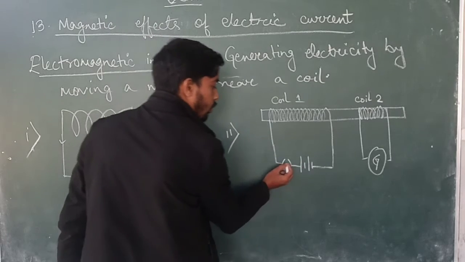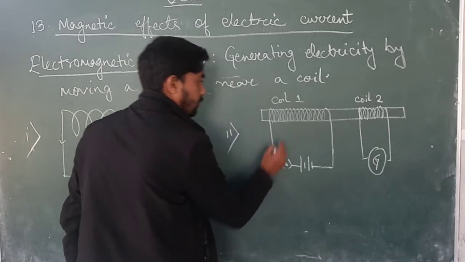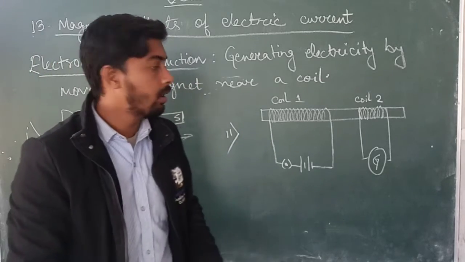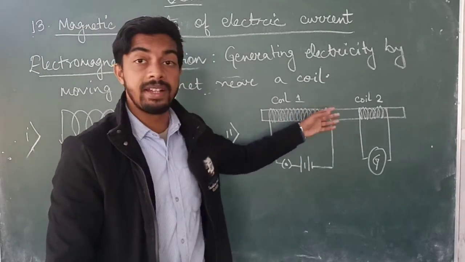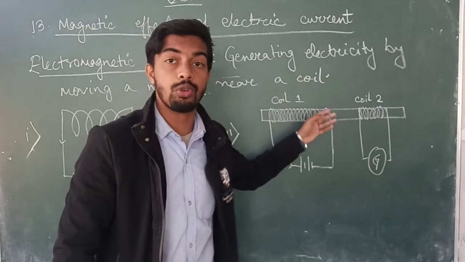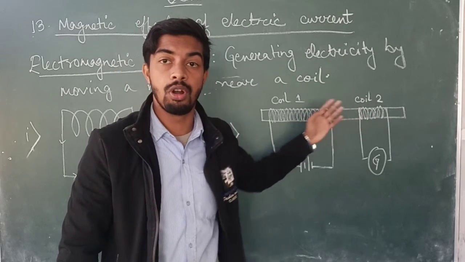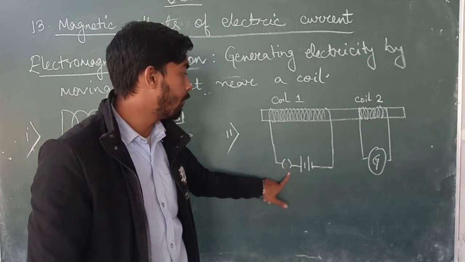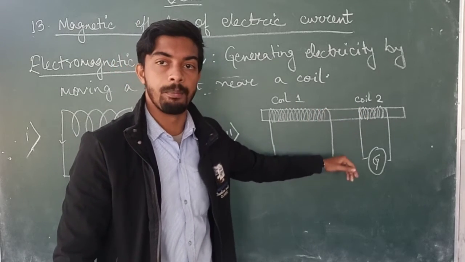So when the switch will be turned on, the coil number 1 will act like a magnet, and its magnetic field lines will move through coil number 2, and when it will be turned off, the magnetic field lines will stop.